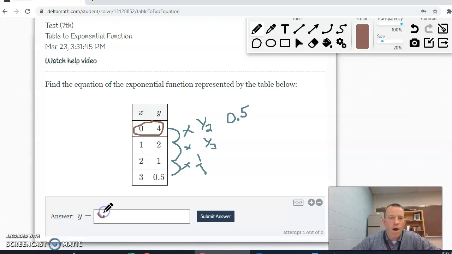So our equation is y equals 4, and then in parentheses 0.5, close parentheses, and then to the exponent of x. Sorry, my handwriting looks a little sloppy. I'm using a new program where I paint on the screen using my cursor. So anyways, that's a 4 times 0.5 to the exponent x, is how that one would work.